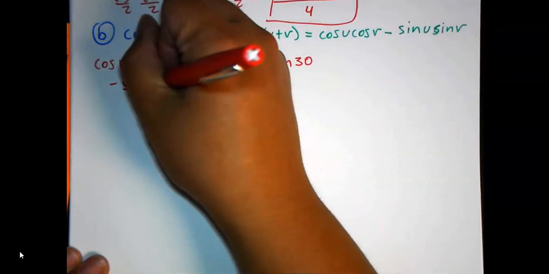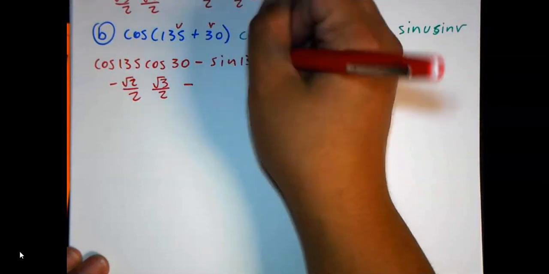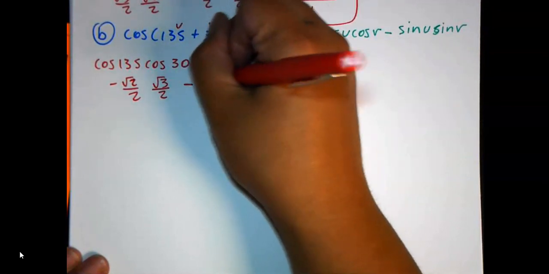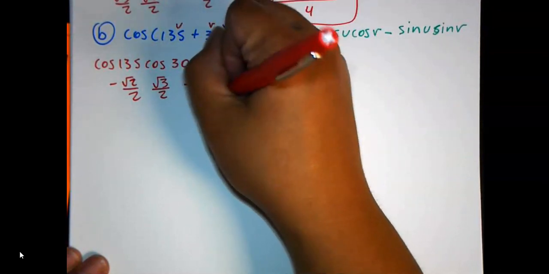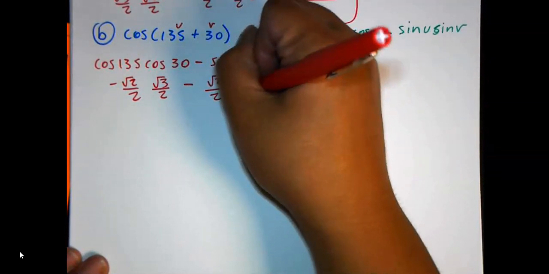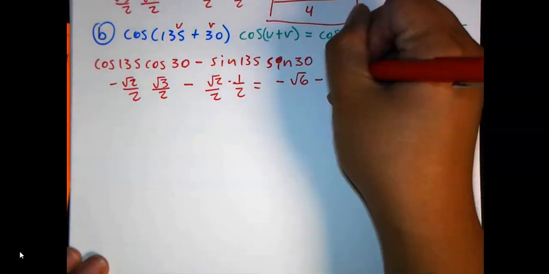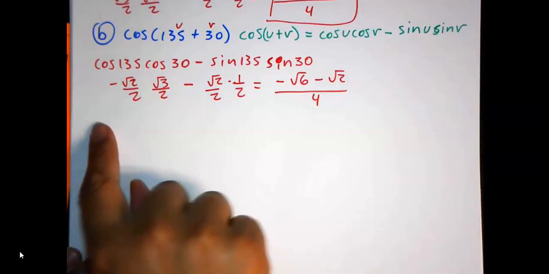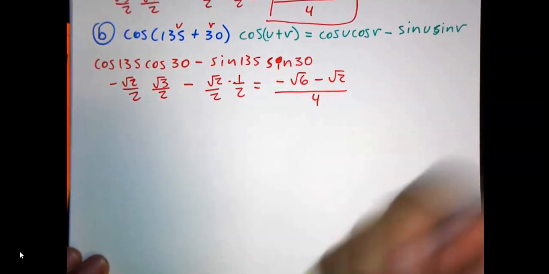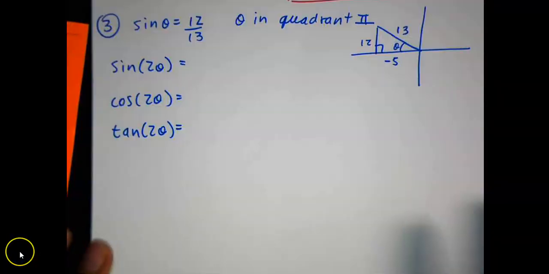Then you go to 30 and find the x value, square root of 3 over 2. Minus, you go to 135 and find the y value, which is square root of 2 over 2. You go to 30 degrees and find the y value, which is 1/2. So we have negative square root of 6 minus square root of 2. Again, the 2 times 2 is 4, the 2 times 2 is 4, so we have the same denominator, and that will be number 3.